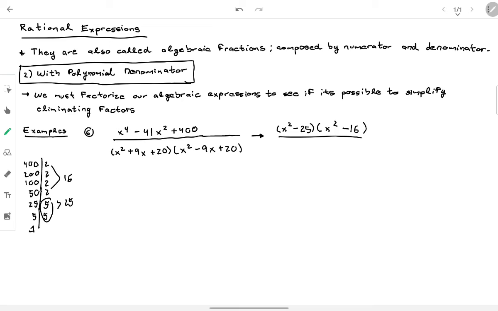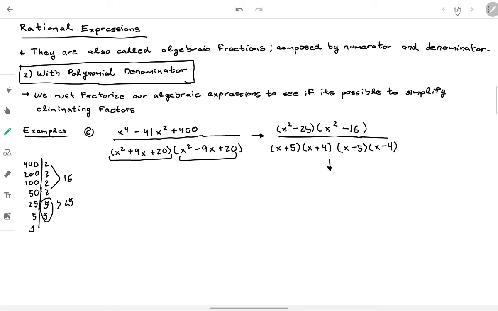On the bottom part, we can factorize the first expression as x plus 5 that multiplies x plus 4. The second one is going to be x minus 5, x minus 4. So what happens in the numerator?